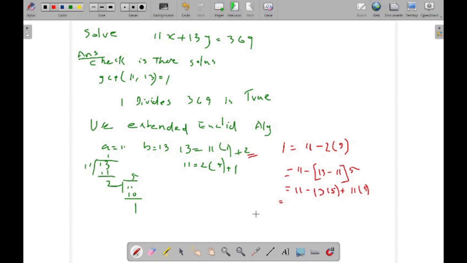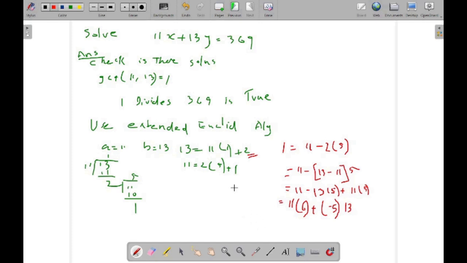This can be written as 11 here and 5 elevens here, so total 11 into 6 plus minus 5 into 13.